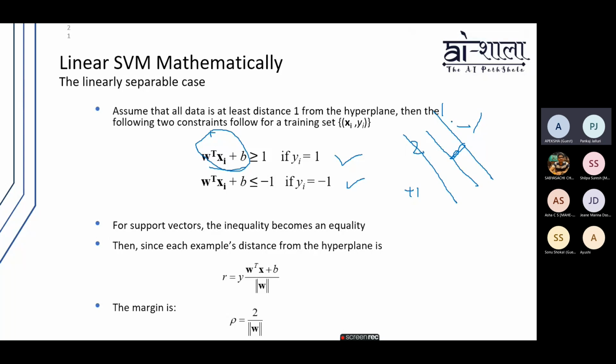So these two lines are w^T x plus b greater than or equal to 1 and minus 1. All the points that are above this line are classified as negative points, and all the points that are below this line are classified as positive points. I hope up till now everything is clear.